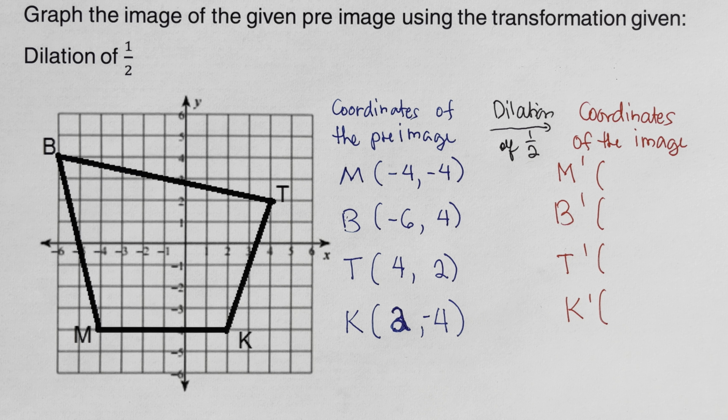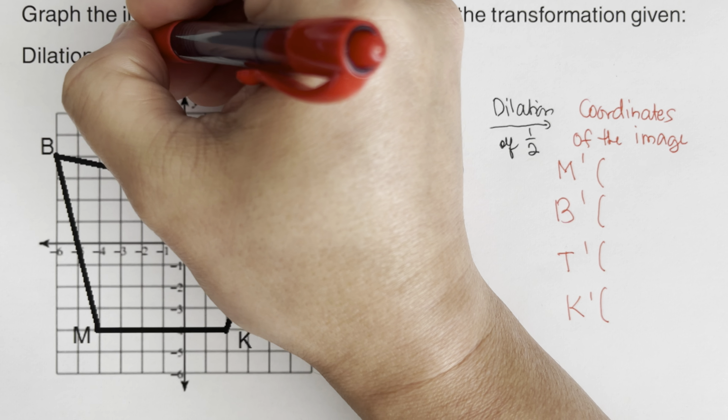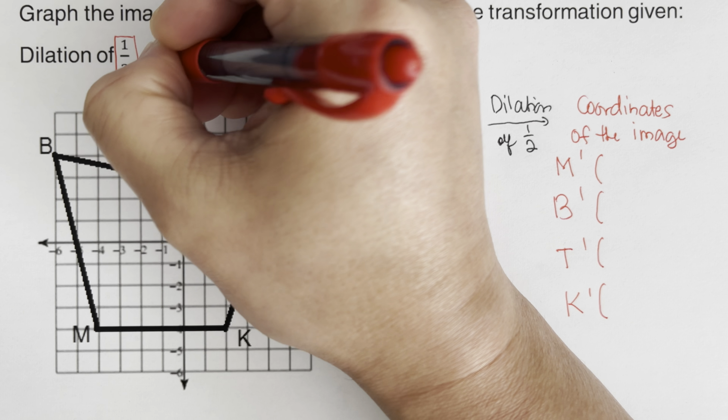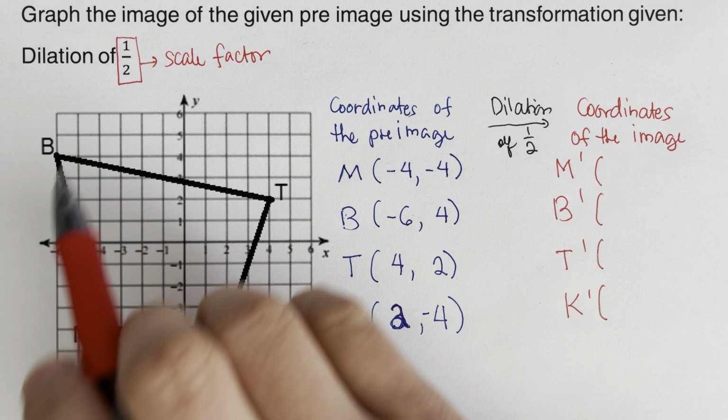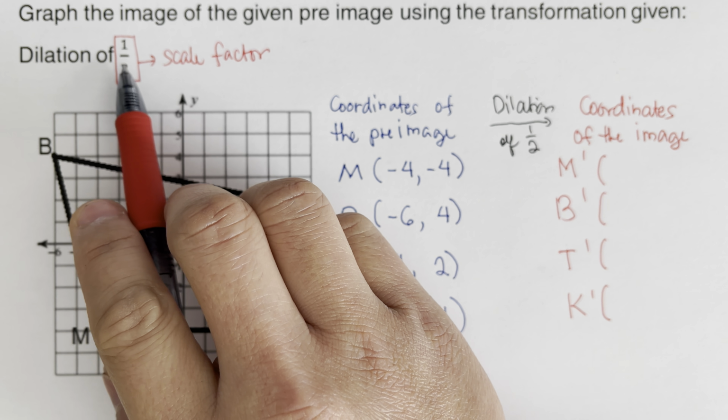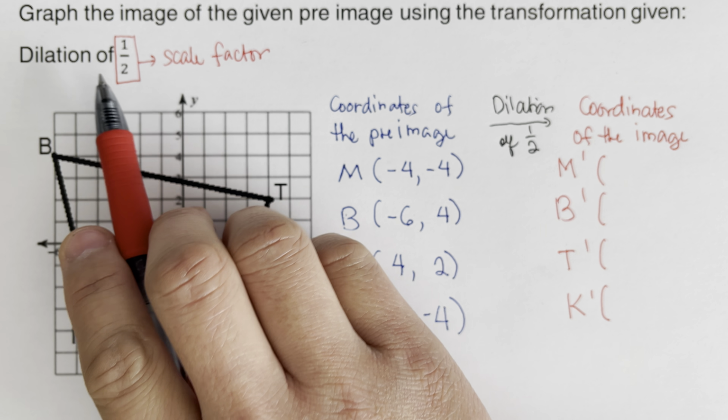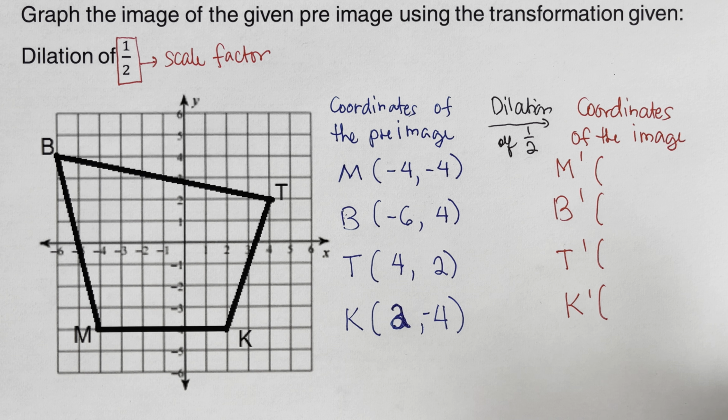Now again, we remember that this 1/2 right here is the scale factor. So I'm just gonna label that up here. Now, the decimal version of 1/2 is 0.5. So pretty much each of these will be multiplied by 0.5 or will be multiplied by 1/2.